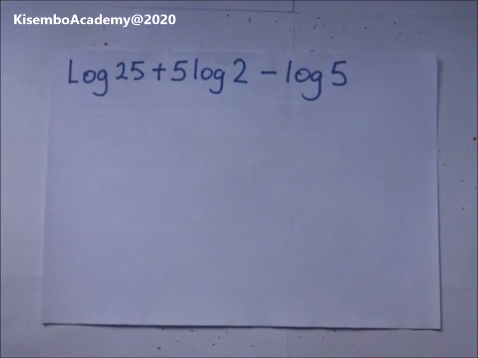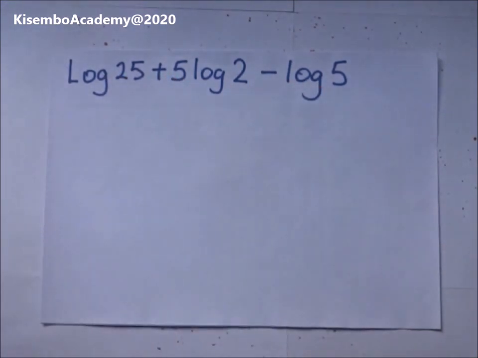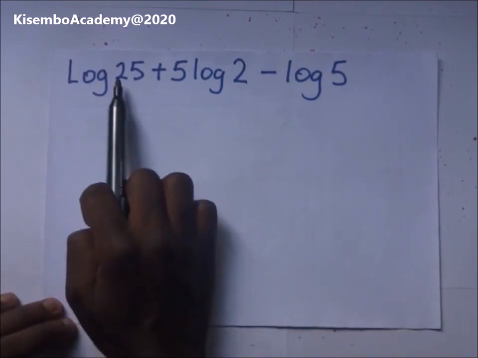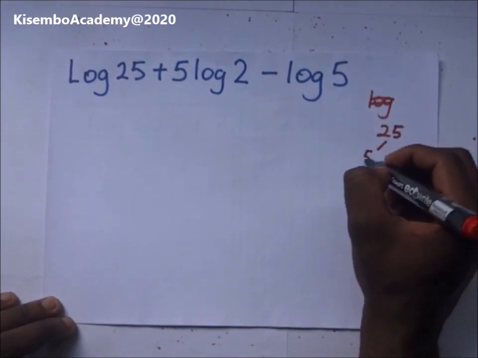In our next example, still the base is not given, so base 10 will be assumed all through. So we'll go ahead and find log 25. Now, the logarithm of 25, we factorize this 25 first. 25 is 5 times 5.